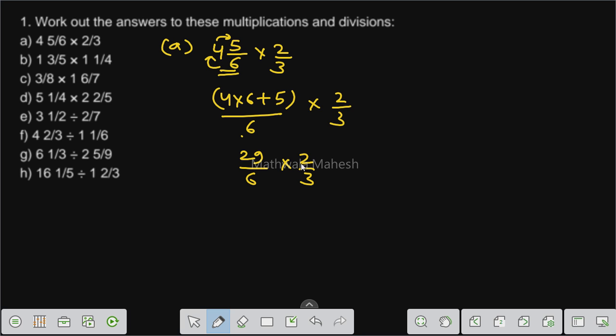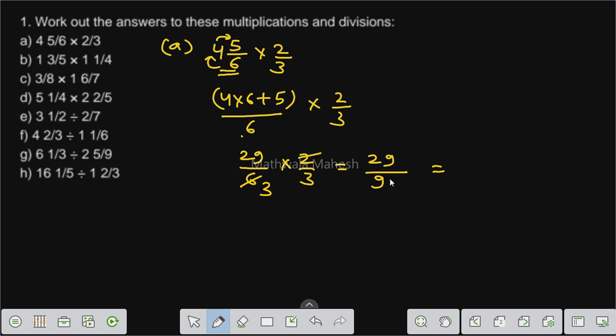Okay, so if we divide this by 3, the answer is 29 over 3 into 3, 9. So the correct answer is 29 upon 9. And we can also change this number to a mixed number.